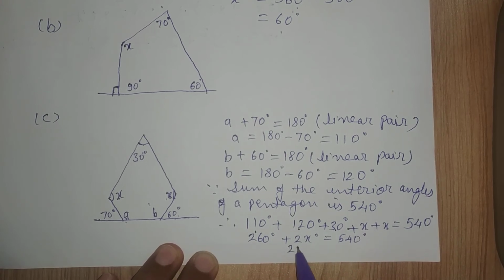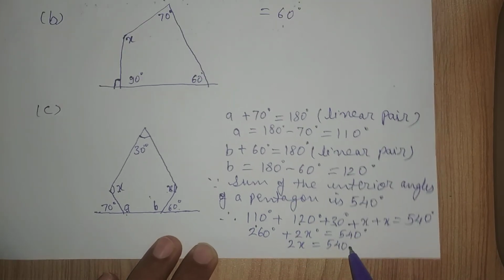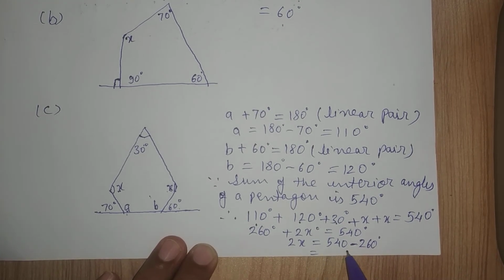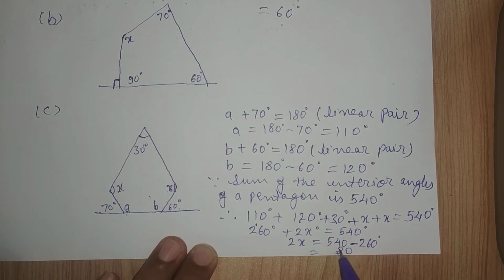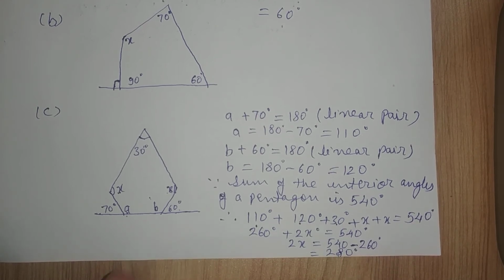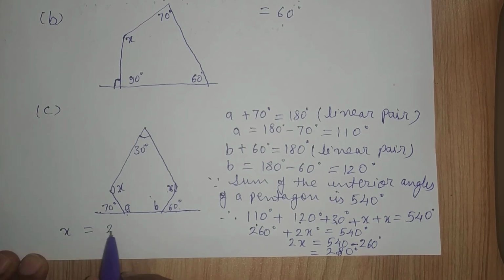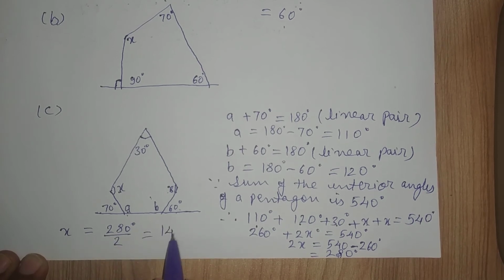So 2x is equal to 540 minus 260 degree is equal to 280 degree. So value of x is equal to 280 degree upon 2, that is 140 degree.